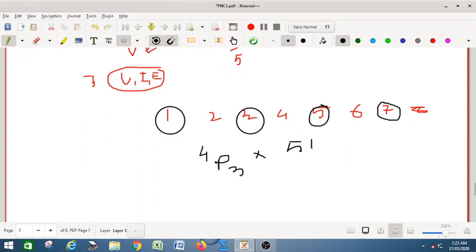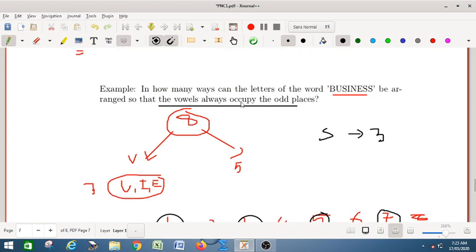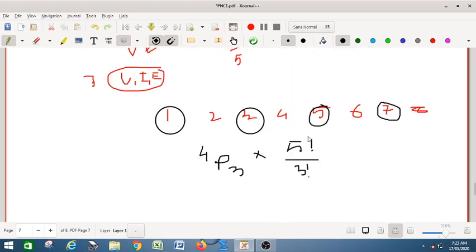Factorial 5 by factorial 3, because there are three identical things, applying that formula. So factorial 5 by factorial 3 is the number of arrangements of consonants, with 3 repetitions of s, and 4P3 is the number of arrangements of vowels.